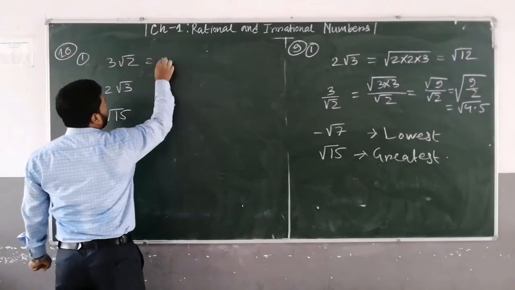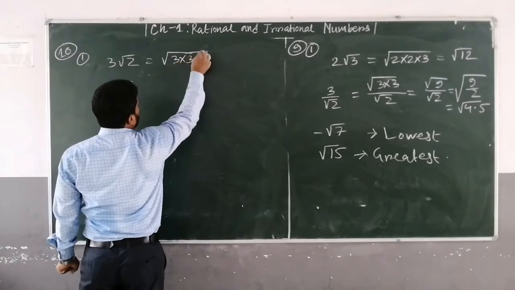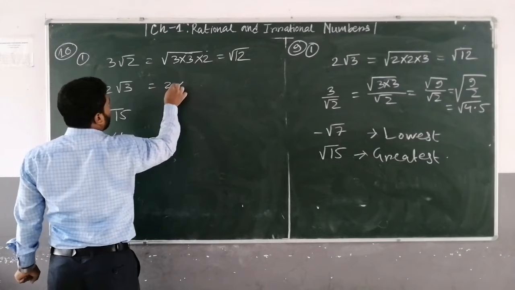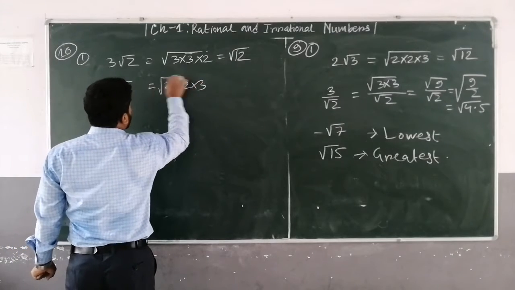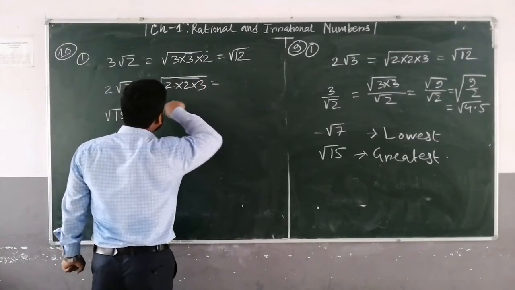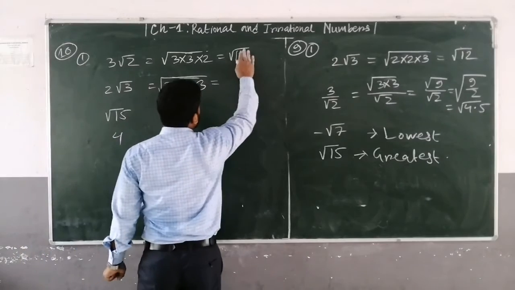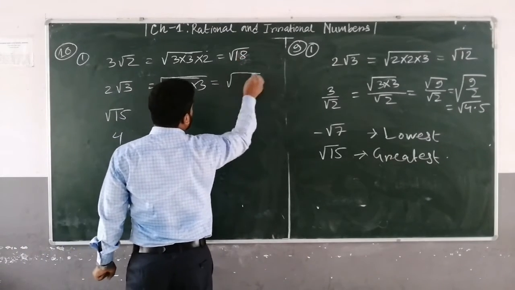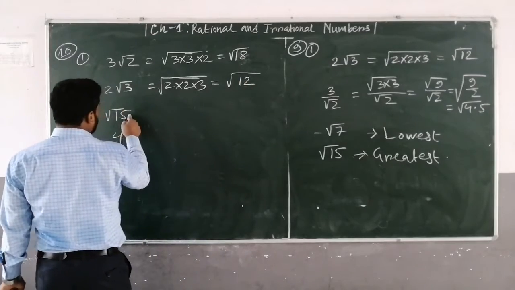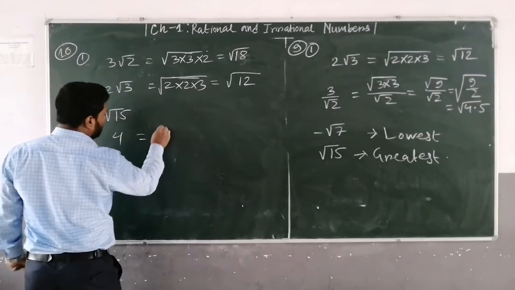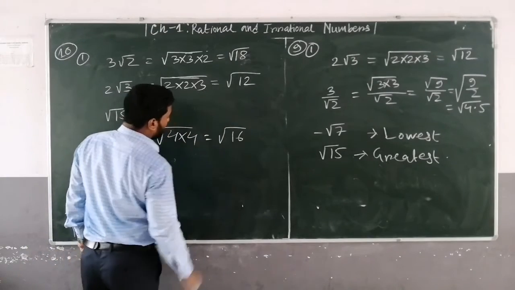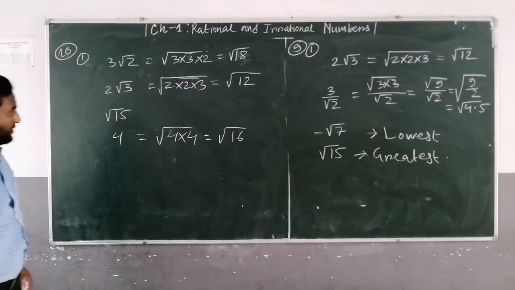So this will be √(3×3×2), so this is √18, and this is √(2×2×3), so this is √12, and this is already √15, and 4 is equal to √(4×4), that is √16. Okay. So which one is lowest?